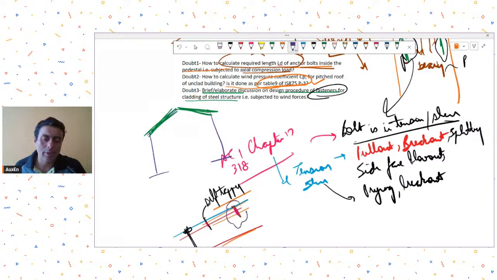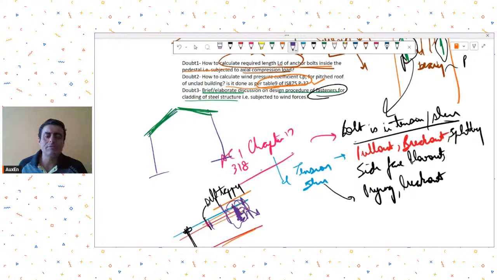You will have to work out how much force is getting transferred to these fasteners. How can you work that out? From the tributary area contributing to that force, and you can do the calculations for wind, find out the wind force that will be transferred, because wind is critical for these fasteners, and then see what diameter you need, how much threading you need, and how deep inside it should go in the purlin or your member.